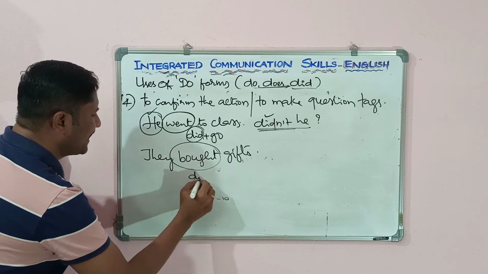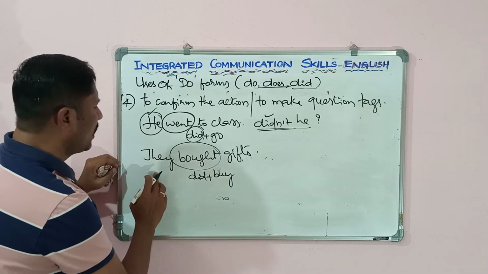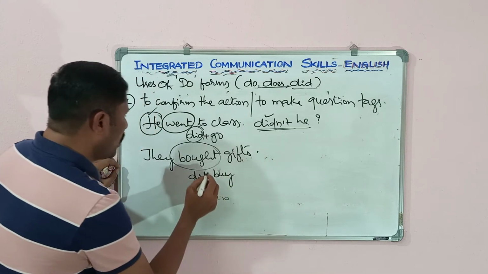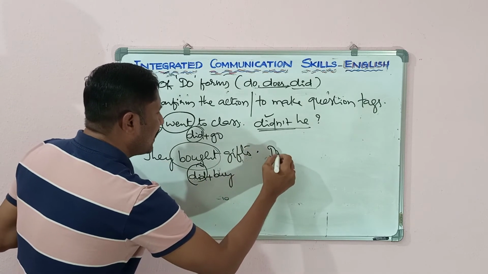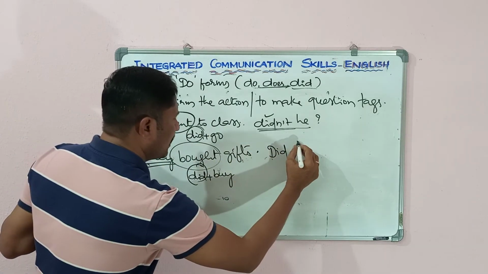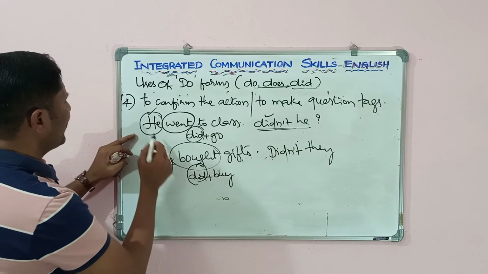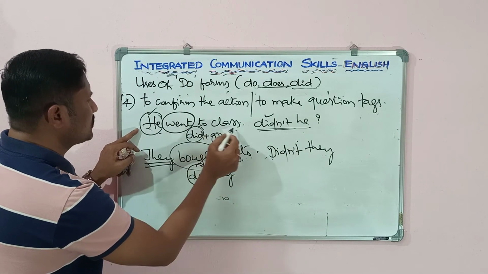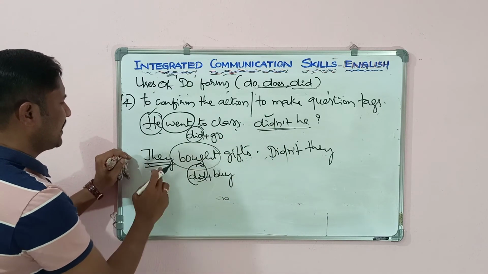Bought is nothing but did plus buy. To confirm the action, we should use the do form did and add the subject: didn't they? When the action is in the positive sense, we have to make a negative question tag like this.